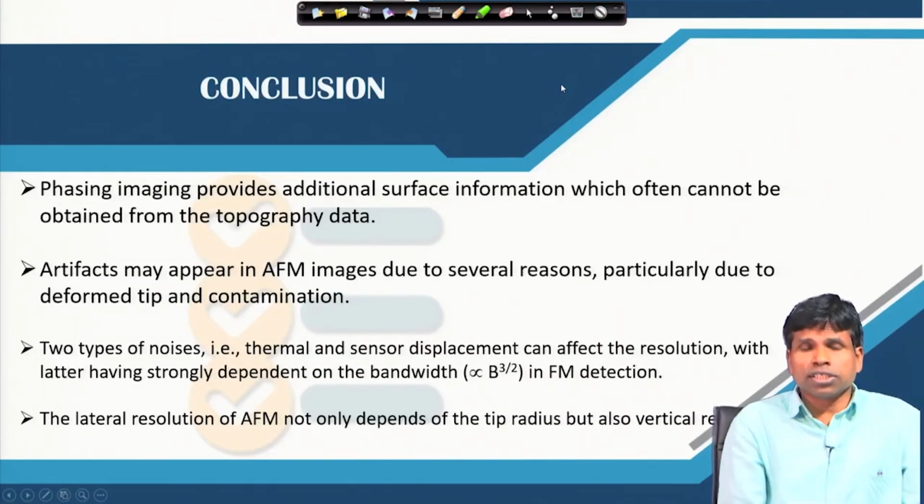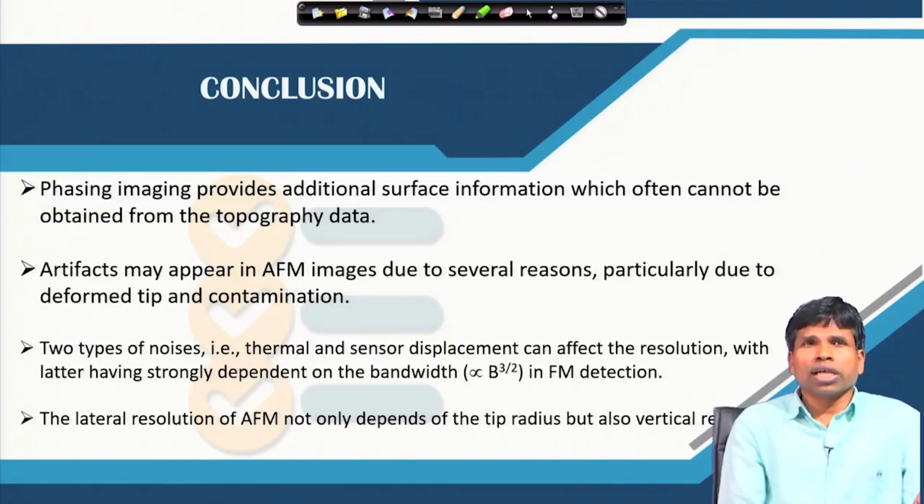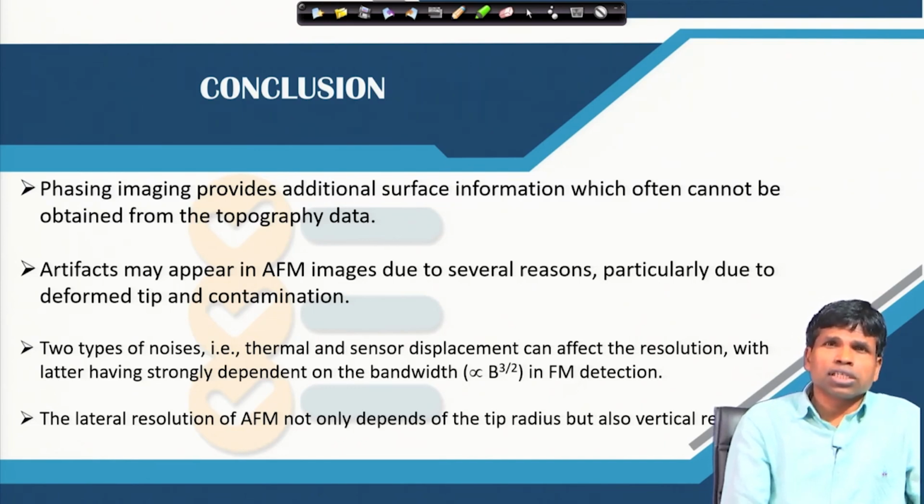So, what we have seen in this lecture is that phase imaging provides additional surface information that cannot be obtained from the topography data. Second, there are artifacts due to several reasons. One of these artifacts is primarily due to tip contamination.